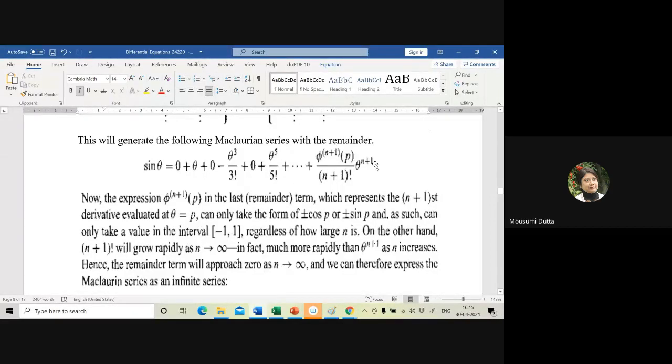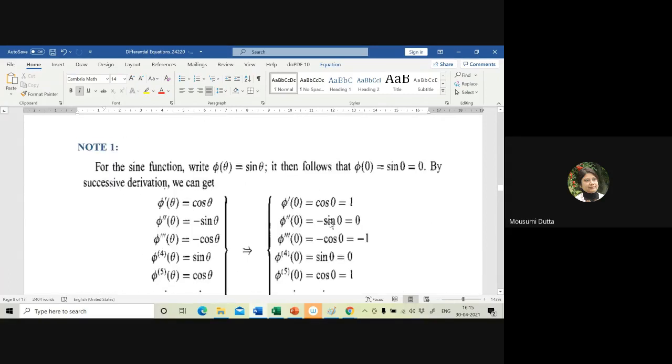Now, if this last value takes the value either plus minus cos p or plus minus sin p, then the interval within which it can move is plus minus 1. The value can be -1, the value can be +1, the value can be 0.